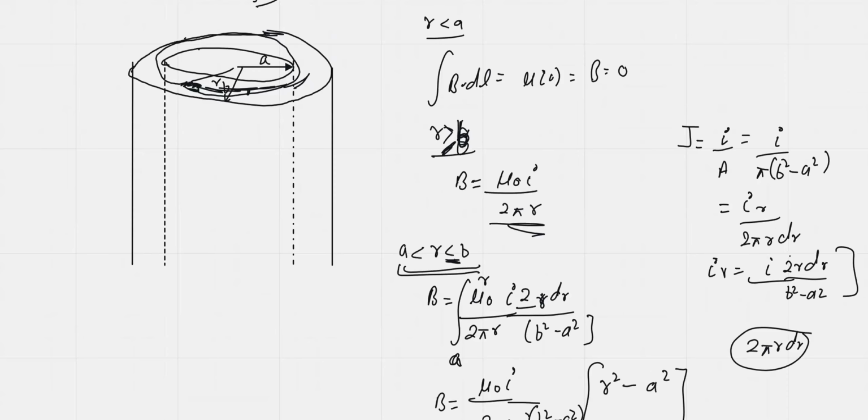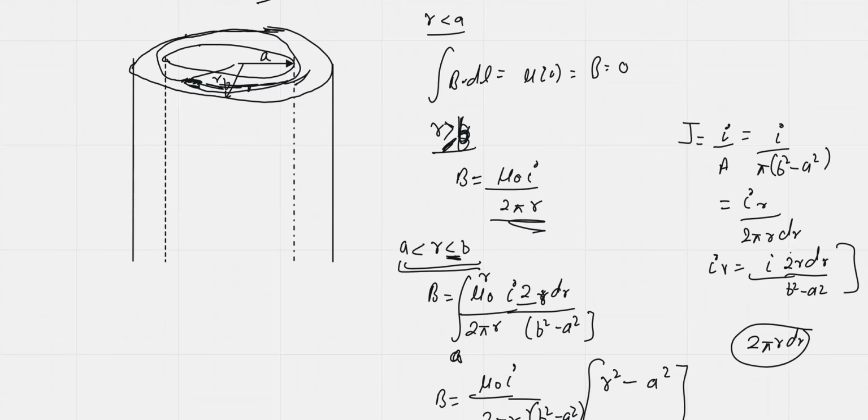Sir, shouldn't the 2 be cancelled? Which 2? The 2 from the numerator and denominator, this one, right? Okay, this one. Look, this 2 is cancelled out because when you do the integration of r dr, it becomes 1 by 2 times r square.